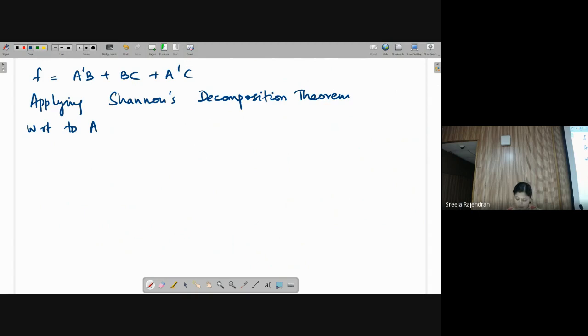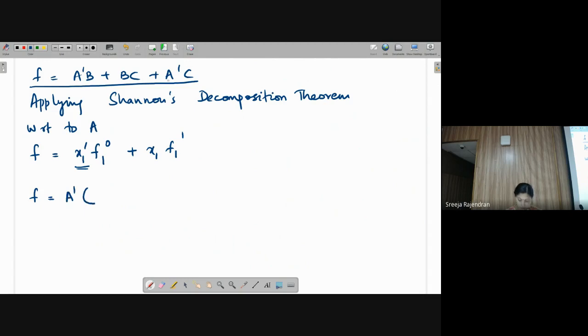That means my function is going to be equal to the equation I wrote on the previous page: x1 bar times F10 plus x1 times F11. So first I take the complement of the function, which is a bar.